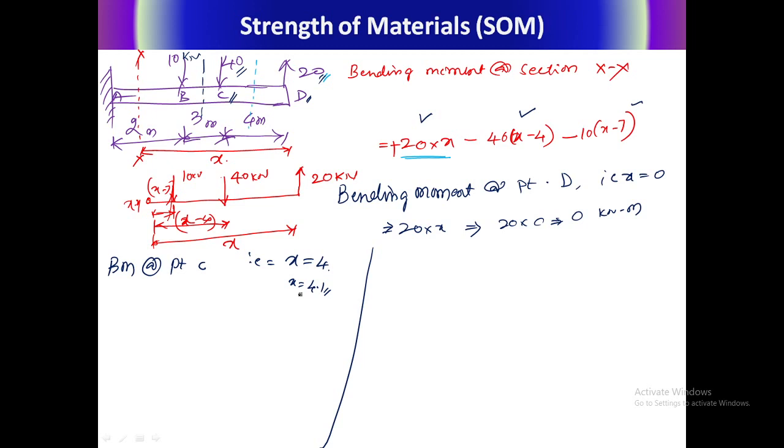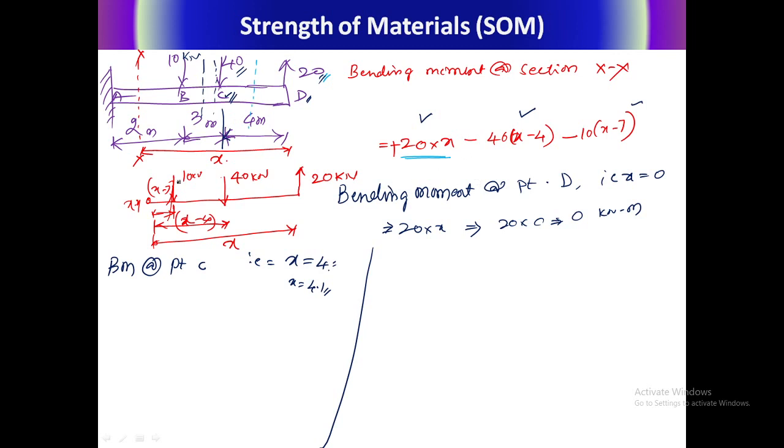Uday Kattimani, Chris, if x equal to 4.1, how many loads are to be included? Just see. Up to point C it is 4 meter. At 4.1 it will come here. You need to include two loads, the load at point C and the load at point D. Now it is exactly 4 meter. That means the 40 kilonewton load is not going to create any moment at point C, right?